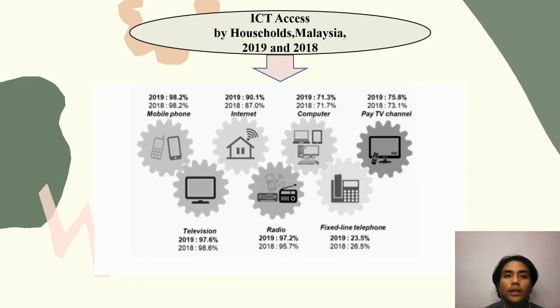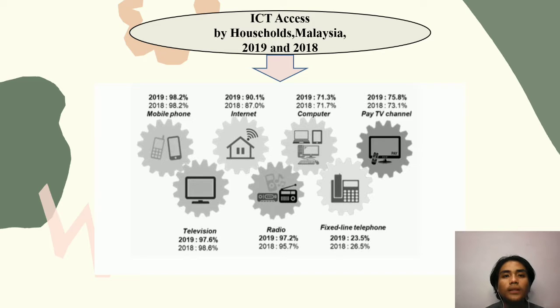Now, I would like to show you my secondary data that I got from dataset 4 given by Sir Zulfahmi. As you can see in this data, there are a few types of ICT access with the percentage used by households in Malaysia from 2018 to 2019.